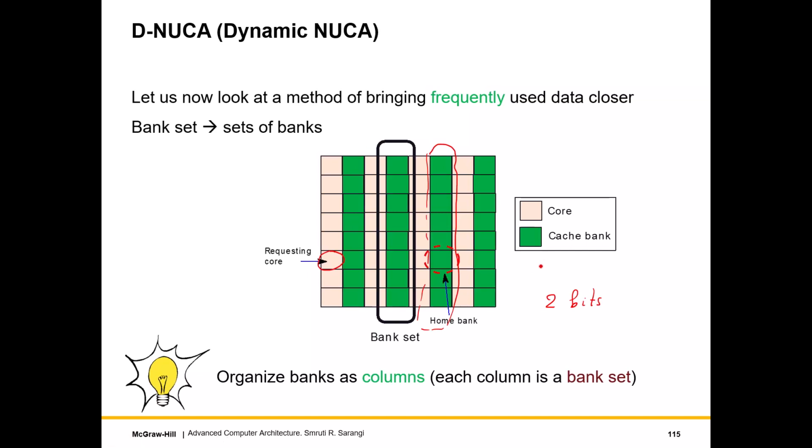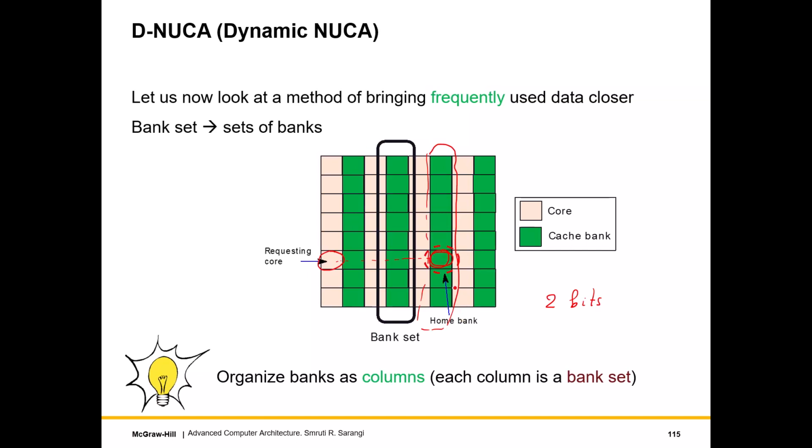We'll talk about the position later, but let it be 2 bits. It will tell us in which bank set we are. Then we find the bank in the bank set which is the closest to the requesting core. So it is pretty much like a perpendicular line on this bank set, and in this case this would be the closest bank, so we call this the home bank.